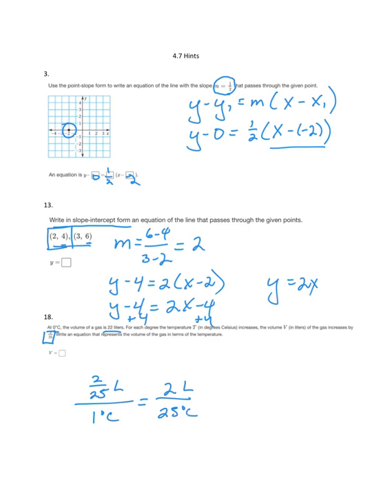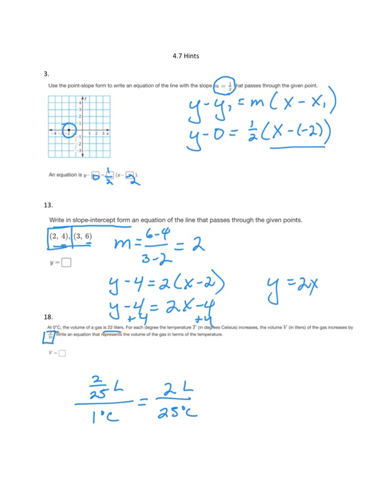So that kind of helps us see that when we're talking about liters, that's our y-coordinate because that's on top. And when we're talking about degrees Celsius, that's our x-coordinate because it's on the bottom when we're doing the slope, because we know that's always change in y over change in x.